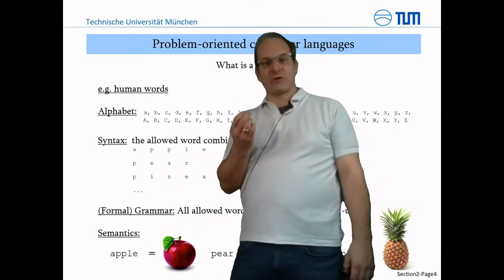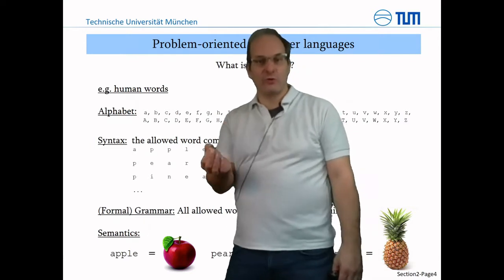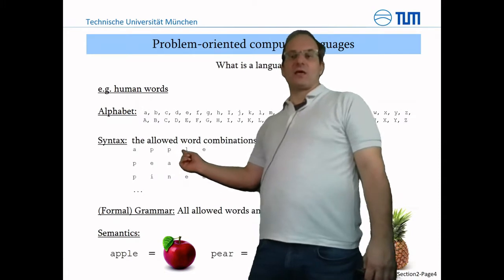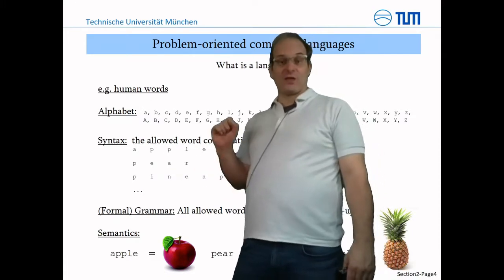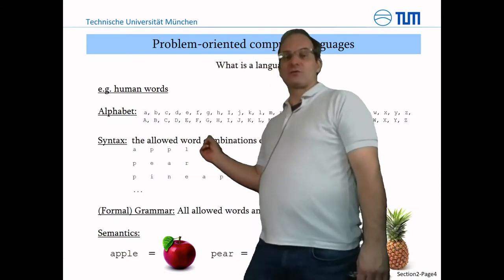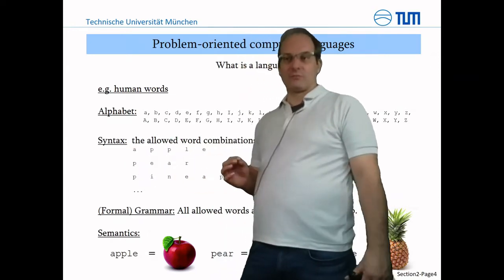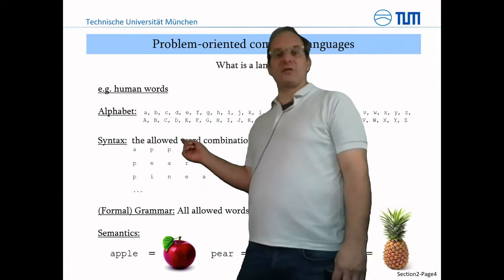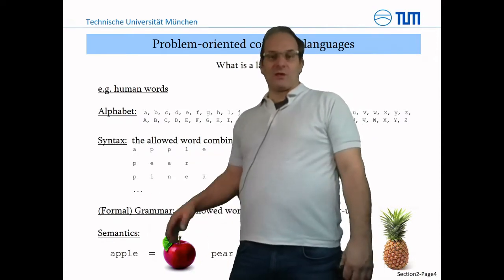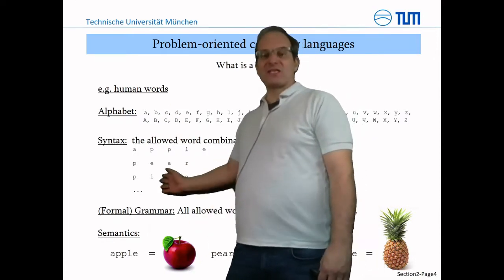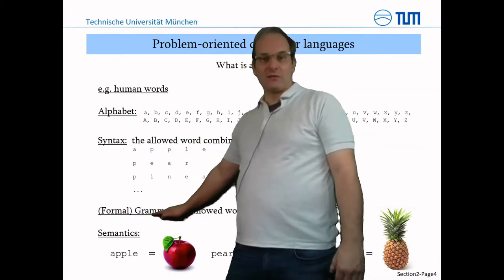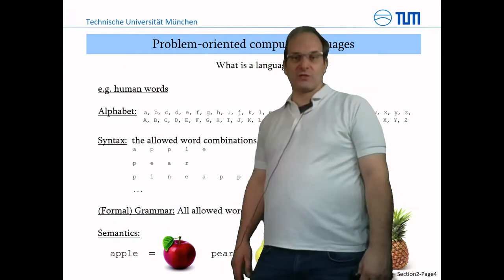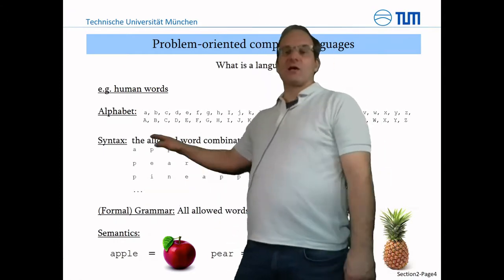These combinations are the different words. For example, a combination APPLE combines to the word apple, or PEAR combines to the word pear. And all of these combinations are then the formal grammar, or in this case the grammar of the words. So all possibilities which are allowed.